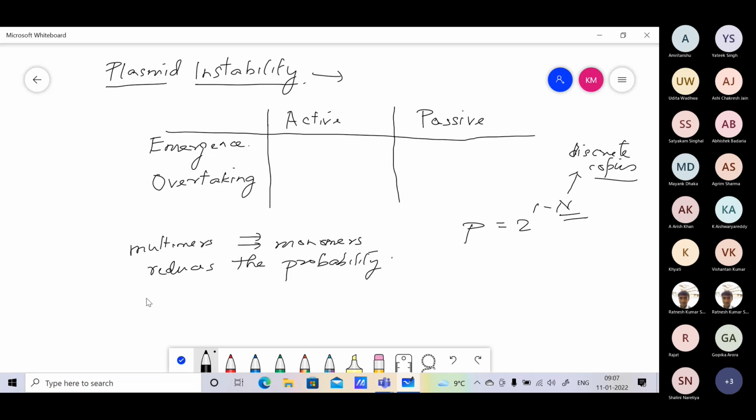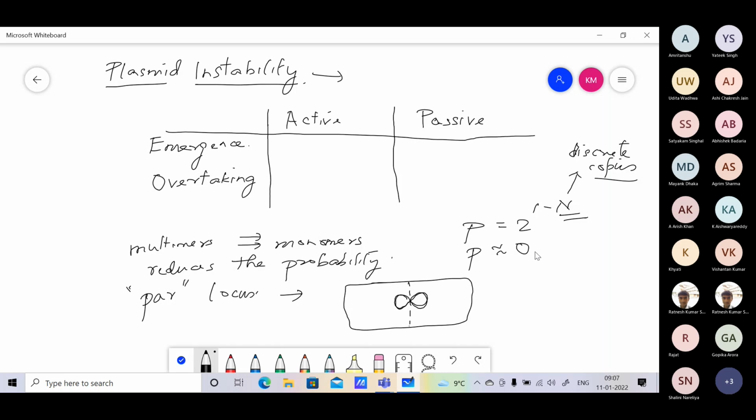Similarly, I talked about the PAR locus, the partition locus, which was a mechanism used by low copy number plasmids to ensure that, when the cell divides, the septum formation takes place here, and the plasmids attach to the septum in this way, thereby ensuring that the plasmids are on either side of the daughter cells that are going to form. Thereby, theoretically, at least, making P equal to 0.